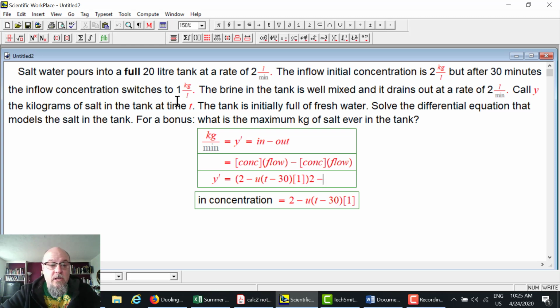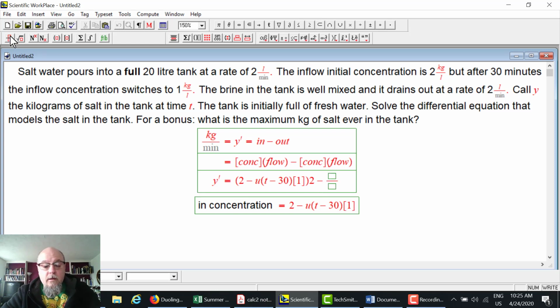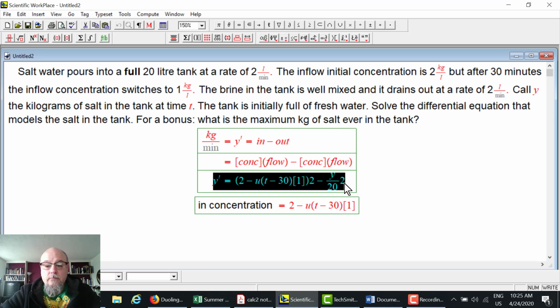Out concentration, y kilograms divided by 20 liters, there's the out concentration in kilograms per liter times liters per minute. Here's my differential equation then. Let's simplify that.